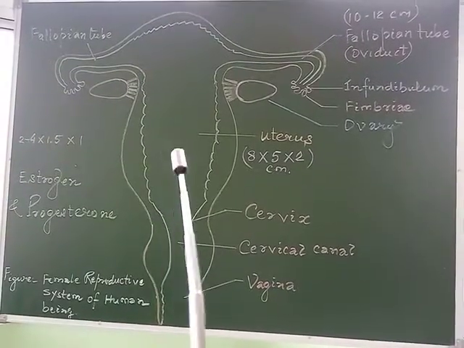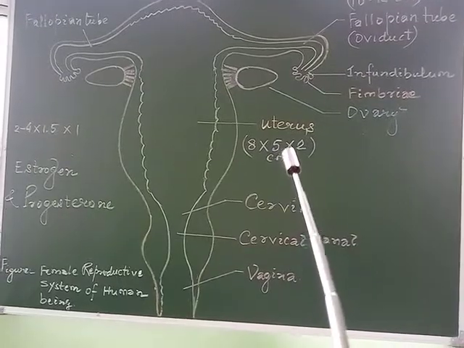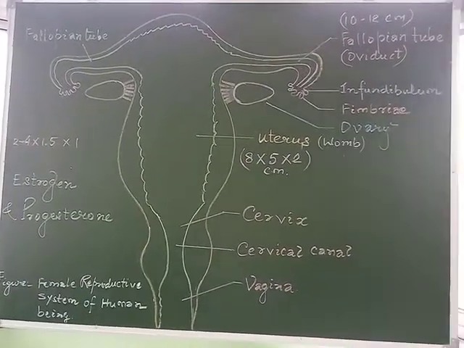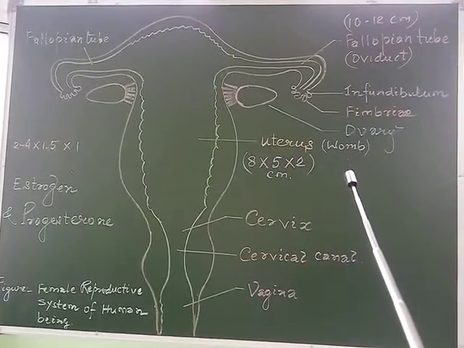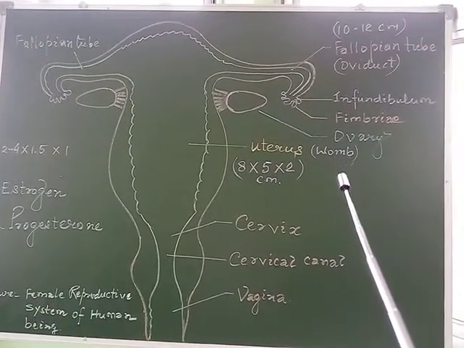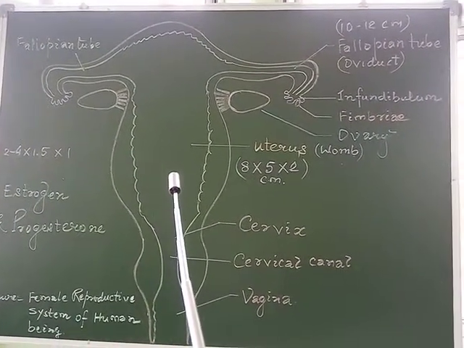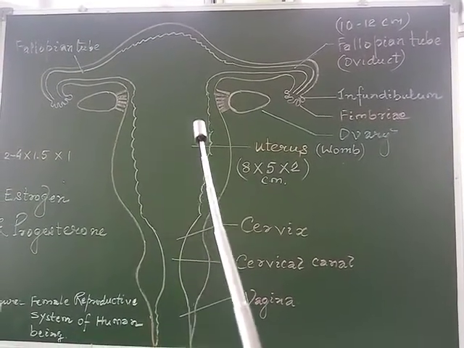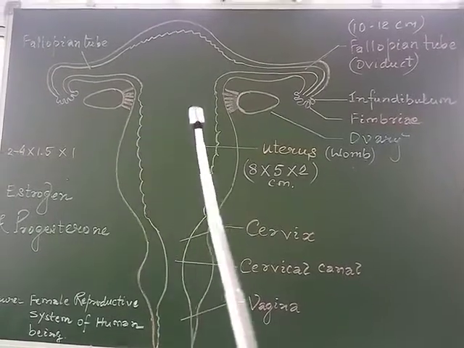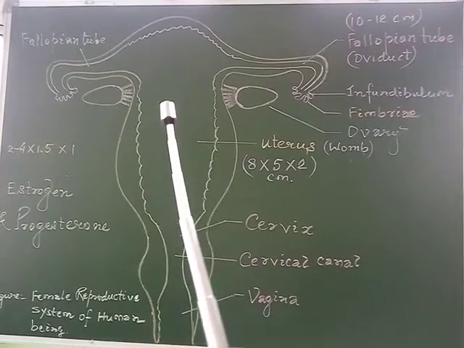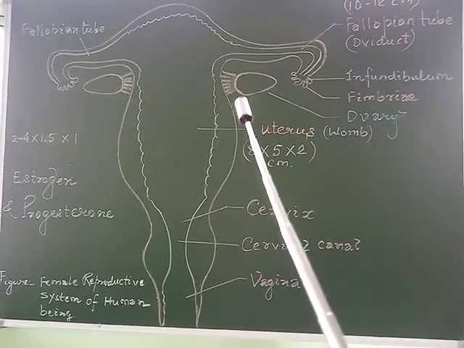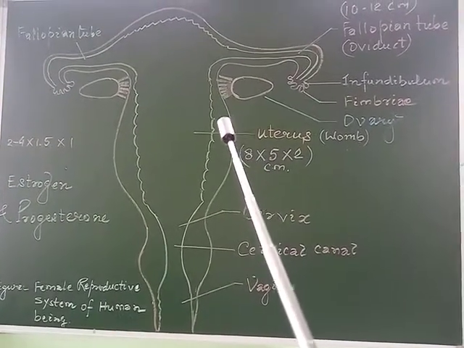Now the next structure is the uterus. The uterus is also called the womb. It is a hollow, inverted pear-shaped structure. We can imagine a structure just like a pear shape with a thick muscular wall.